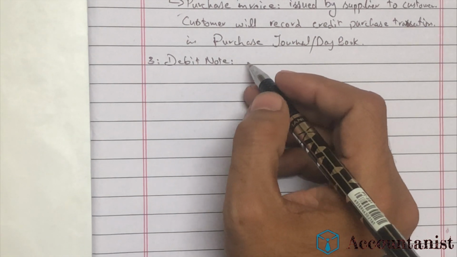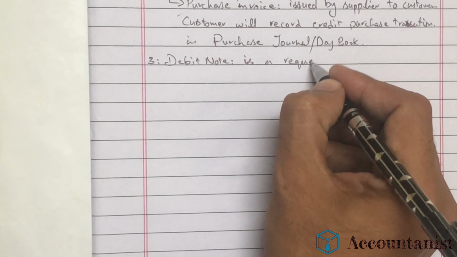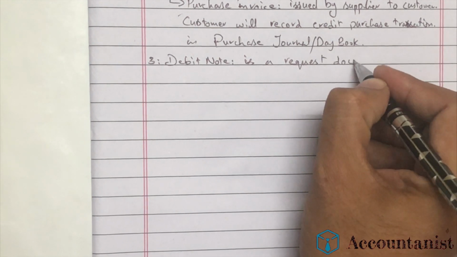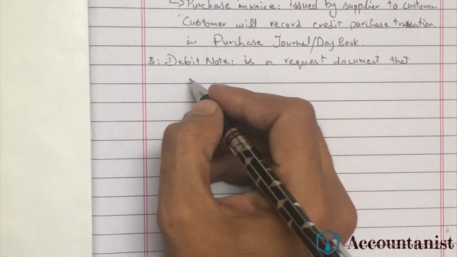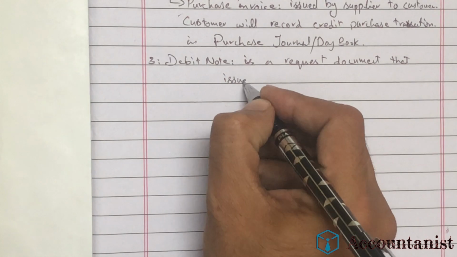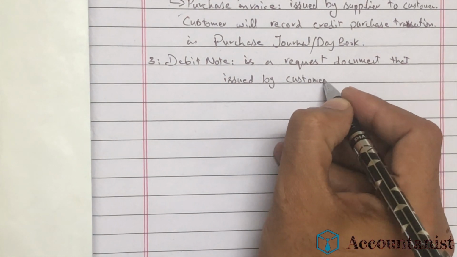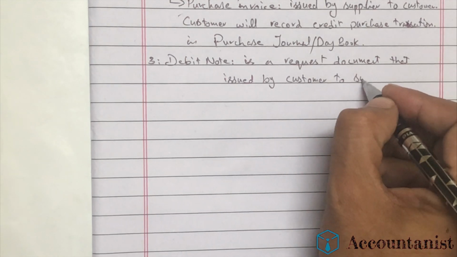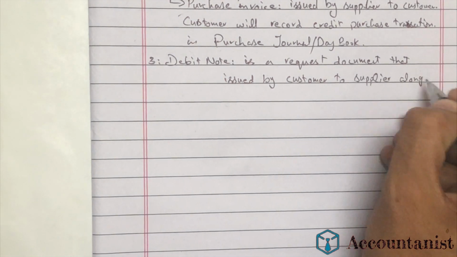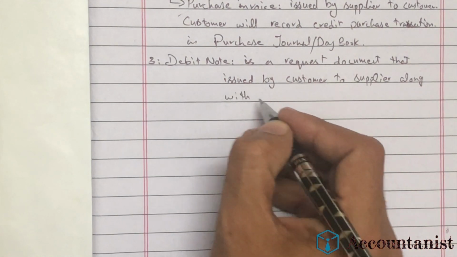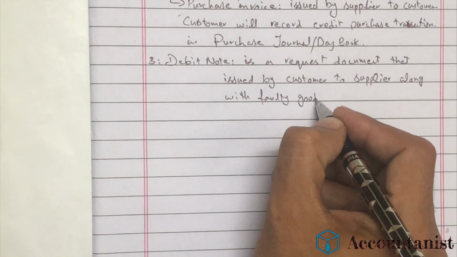So the debit note is a request document that is issued by the customer to the supplier along with faulty goods or items.